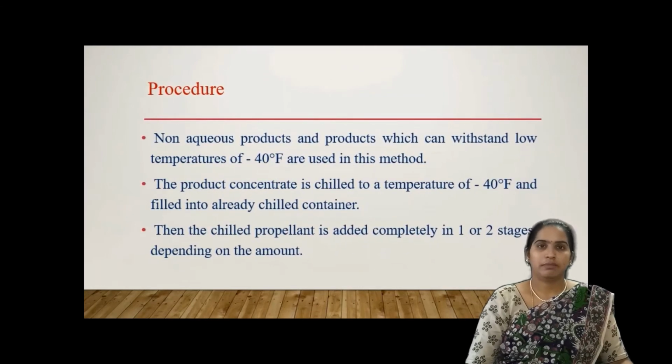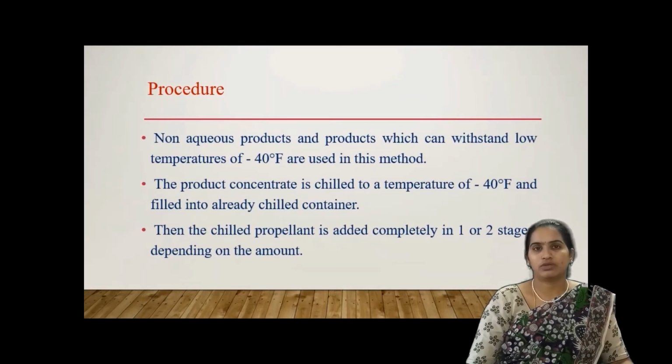Coming to the method of preparation of aerosols by cold filling process. First, non-aqueous products and products which can withstand low temperatures of -40°F are used in this method, because both the product concentrate and propellant have to be cooled down.